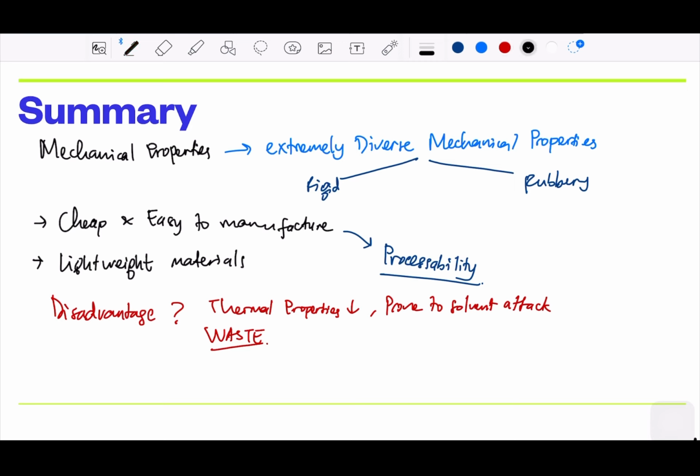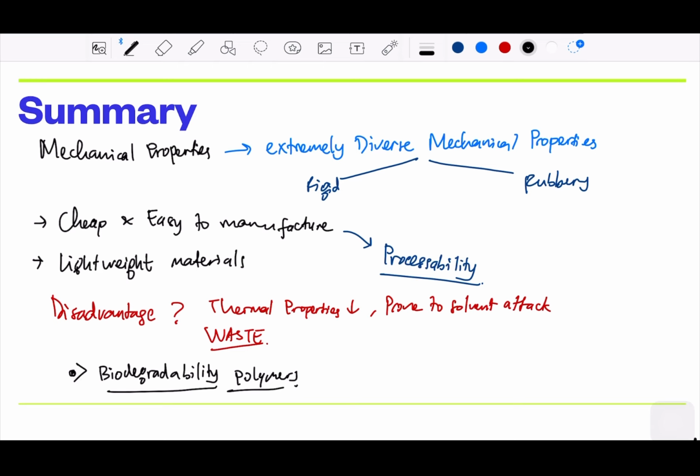So that's why we need to think of polymers that can biodegrade, or biodegradability. So this is, I think, one topic that is nowadays still a good topic, still relevant.